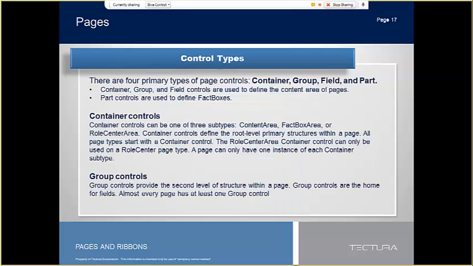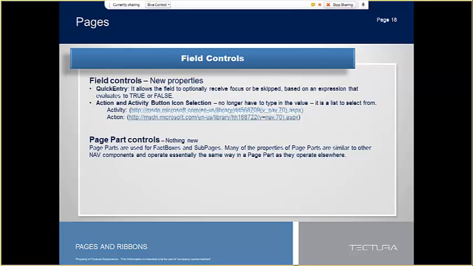Control types: container, group, and part controls have not changed significantly from RTC 2009, but here are short definitions of each type. Field controls have changed though. There is the ability to define a field as quick entry, which sets the tab order higher or lower if set true or false.